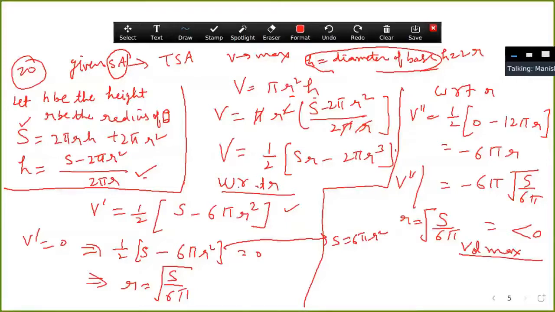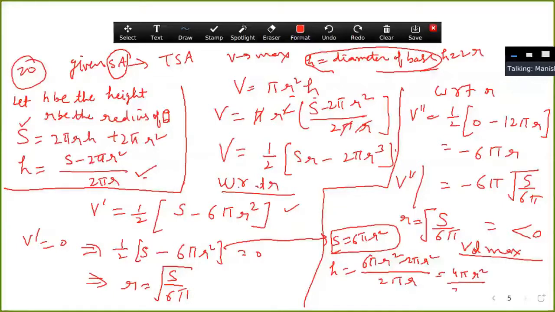So h is equal to 6 pi r square minus 2 pi r square upon 2 pi r. You will get h is equal to 4 pi r square upon 2 pi r. Pi cancels, 2 cancels, and it is 2r. It means h is equal to 2r, hence proved.